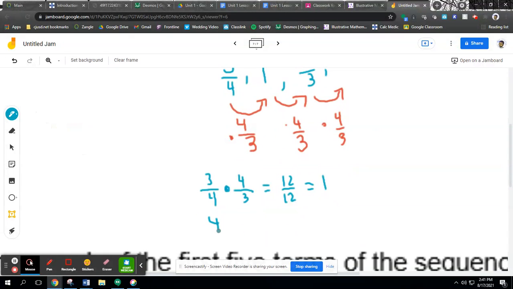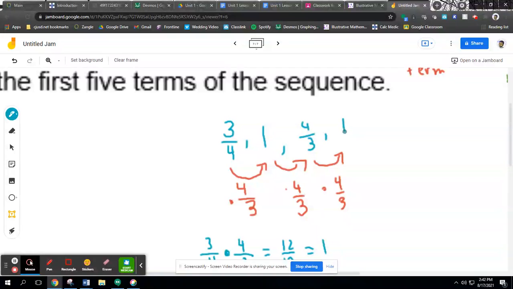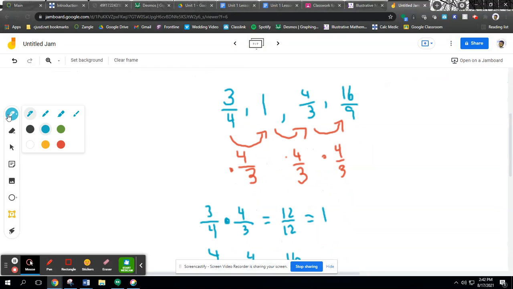If we have 4/3, and we're multiplying it by 4/3, it's going to be 16 over 9. All right, so there's the fourth term, and we can do this one more time.